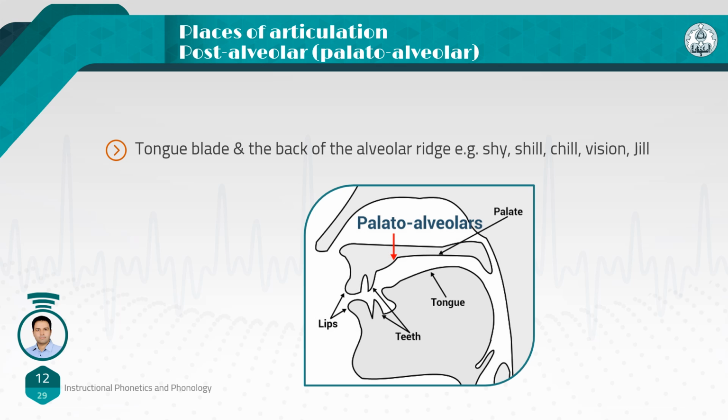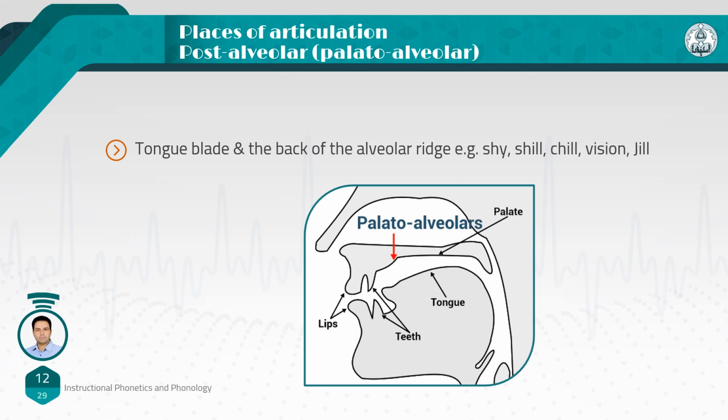You can feel that you use your tongue blade and back of the alveolar ridge, because these sounds are made farther back in the mouth than those in, for example, s. They can also be called post-alveolars.